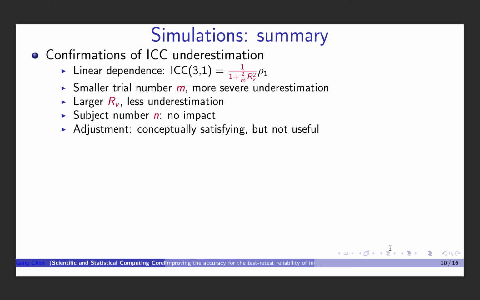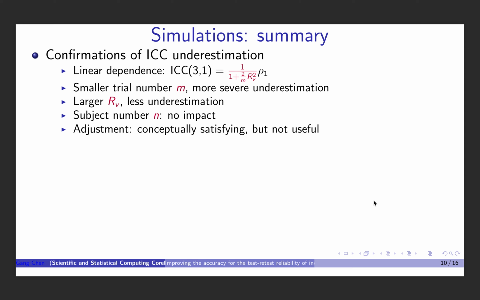Similarly, if we have large cross-trial variability, that is the ratio RV, relative to the cross-subject variability, then the underestimation is also severe. The subject sample size does not have an impact.